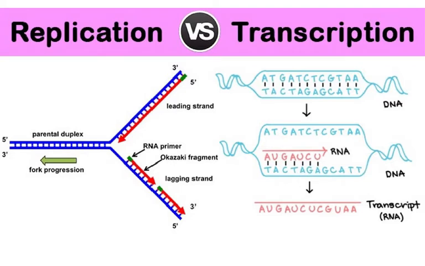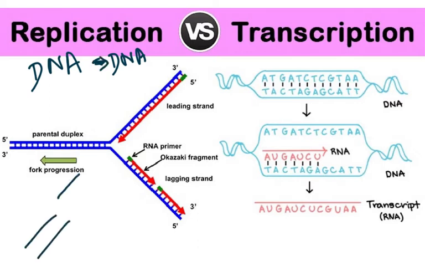Now this is a diagram which I just managed to get. DNA replication is DNA to DNA. The DNA strand is replicated, so from a double-stranded DNA we get 2 molecules, semi-conservative replication. But in transcription, we have DNA and then RNA. The transcript is the RNA.